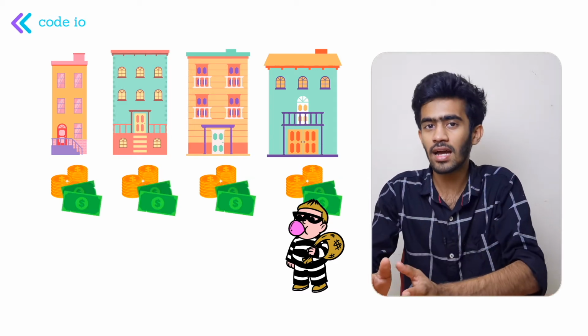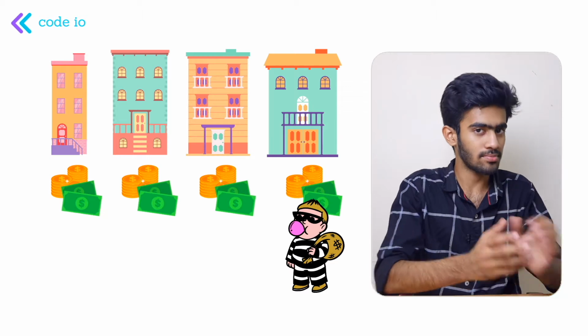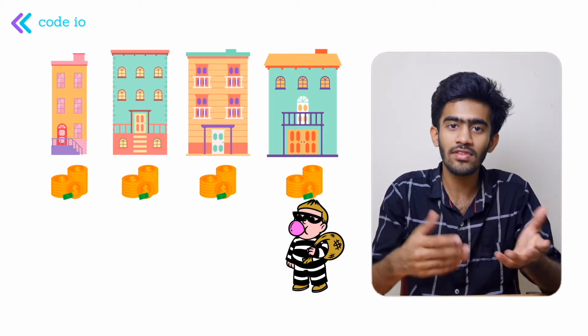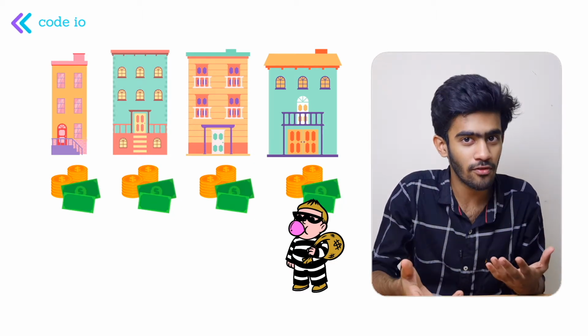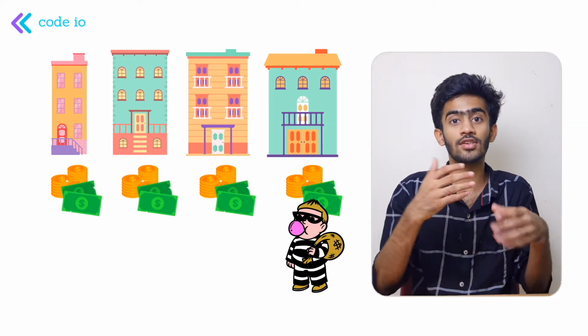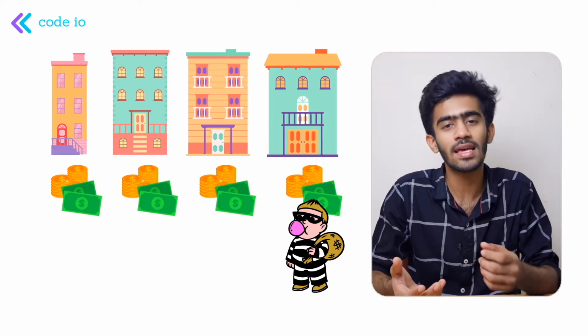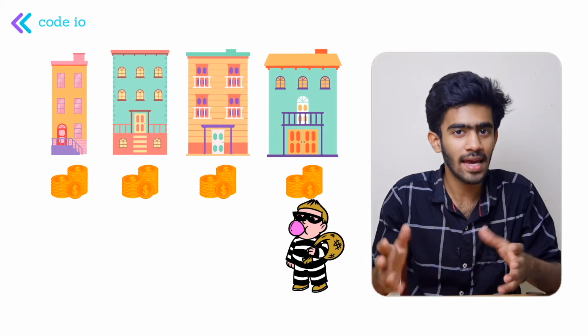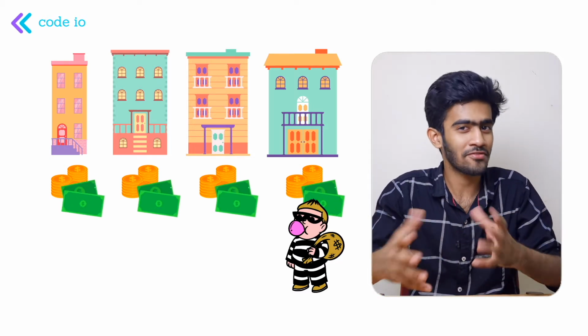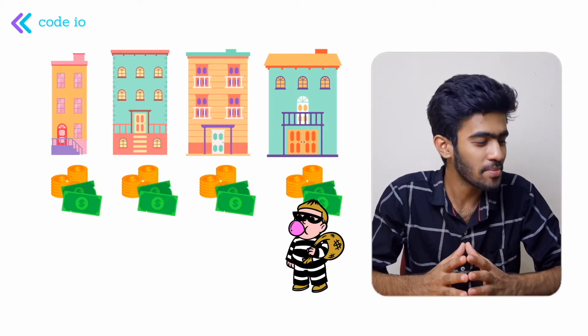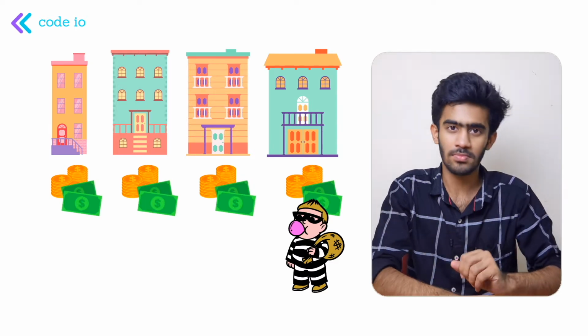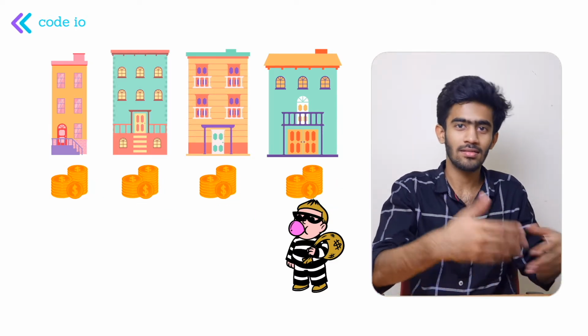So he'll straight away start from 1 and go to 3, right? Now after 3, he will not steal from the 4th house, so he'll have to go to the 5th house, but there is no 5th house, there are only 4 houses, and hence at the end of this robbery, he would have 20 rupees with him, of course, because 10 plus 10 is 20.